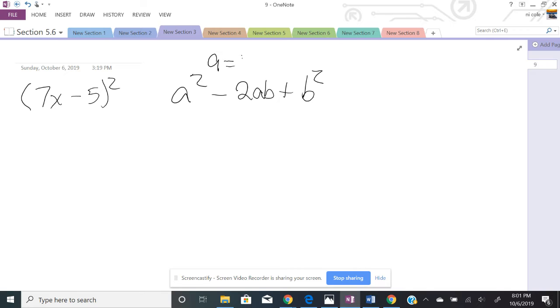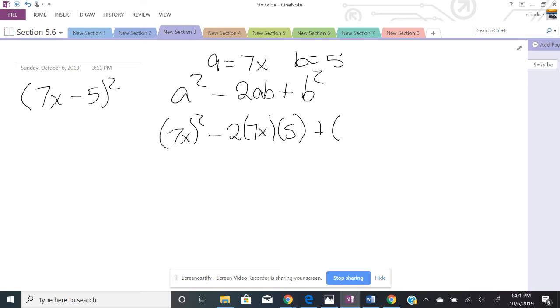A is equal to 7x and b is equal to 5. Okay, so I'm going to replace this with 7x and I'm going to square it. Minus 2 times 7x times 5 plus 5 squared.